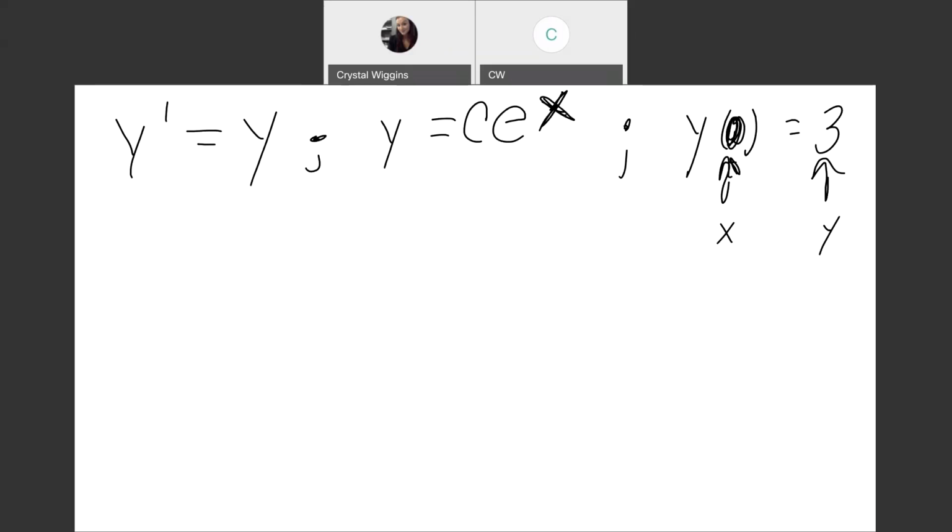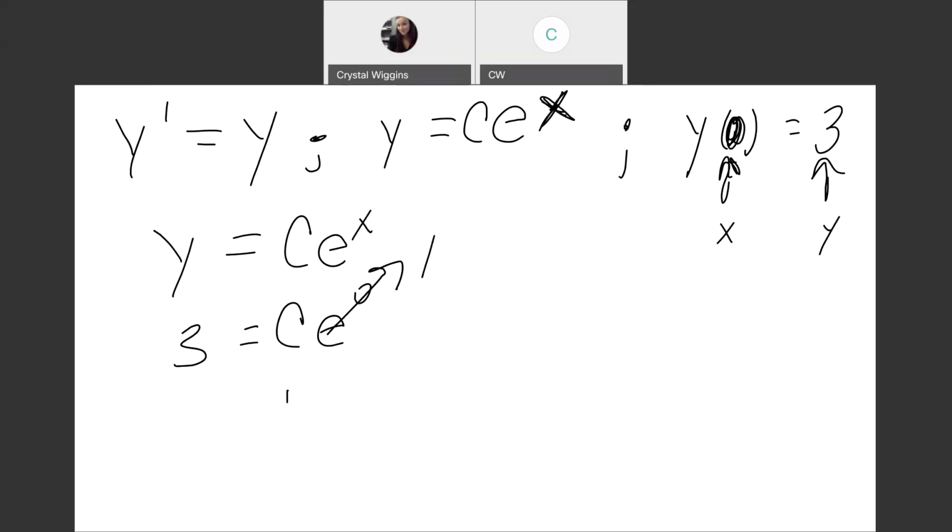In order to find a solution to the IVP, we take the general solution y equals c e to the x and make these substitutions. So the y is 3, the x is 0, and we solve for c. It's as simple as that. e to the 0 is just 1, so c equals 3.